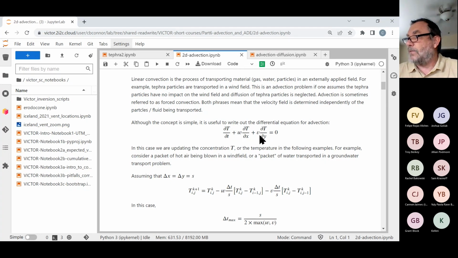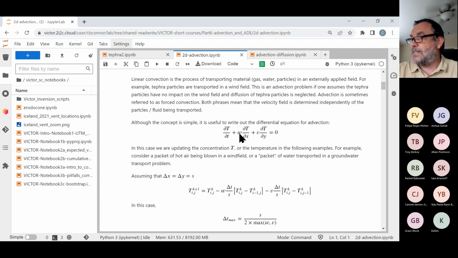W and V, in the case of tephra, are wind velocities. So you can think of the wind field as a vector, which is the sum of the components. W is the component in the x direction, V is the component in the y direction.